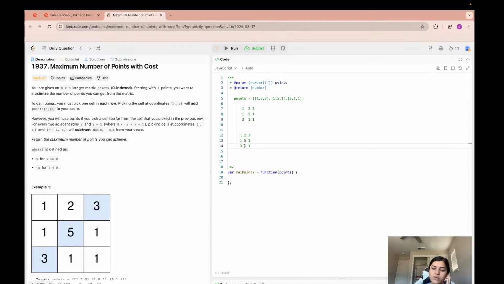Though I will lose 1 point, it is still worth it. If I choose this and this, I only gain 1 point, but if I choose 3, the total will be 2 points, because 3 minus 1 is equal to 2. I need to take the total points minus points lost. That is the net point: the point of the cell minus points lost by traversing columns.